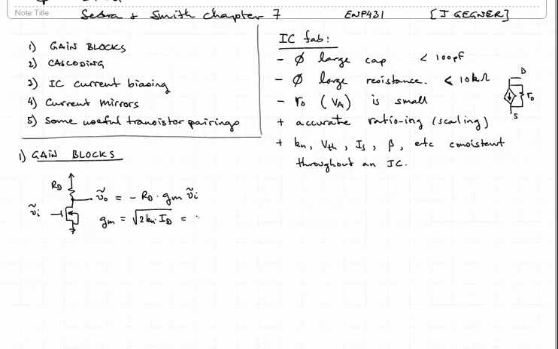That is also equal to Kn times the overdrive voltage, in other words, VGS minus V threshold. So I'll just write V overdrive. Now, if you recall that ID is equal to Kn over 2 times V overdrive squared, this is in saturation.